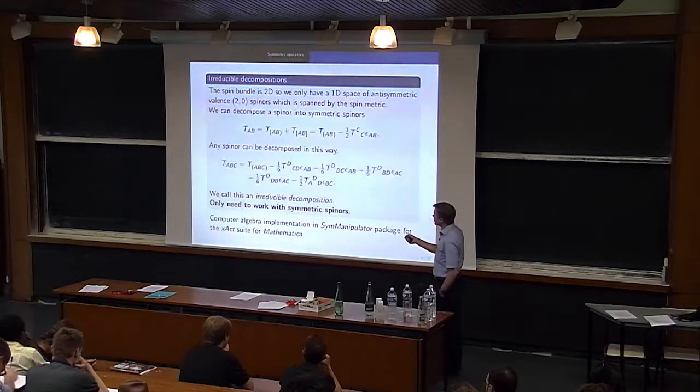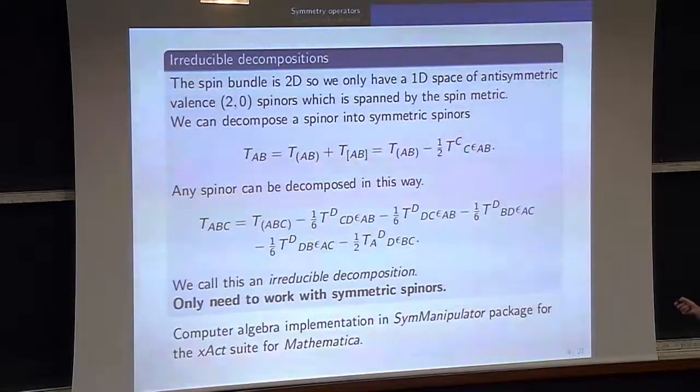But now this antisymmetric part is actually proportional to the spin metric, and the proportionality factor just becomes a trace like this. This is of course a bit more complicated in general, but you can still follow the same procedure and get, for instance, the decomposition of a 3-index spinor, and actually any spinor can be decomposed in this way.